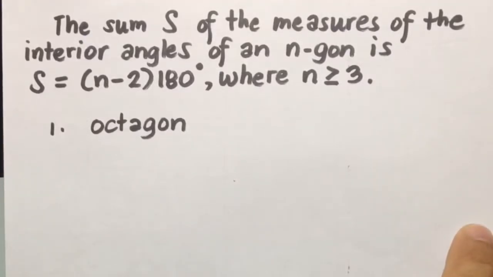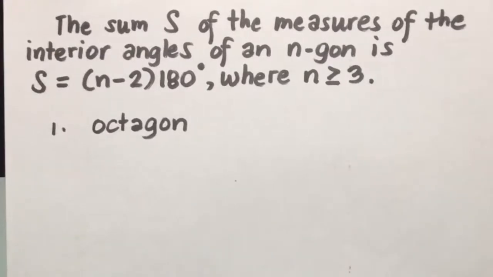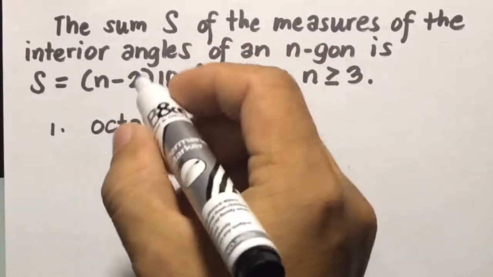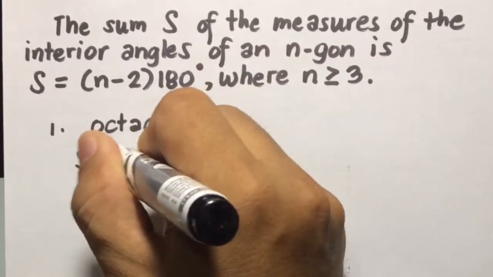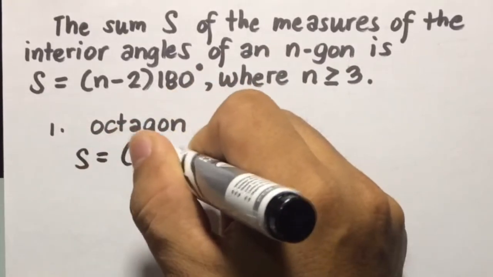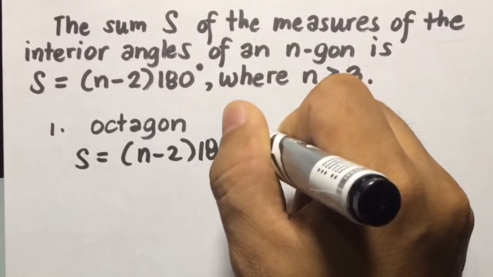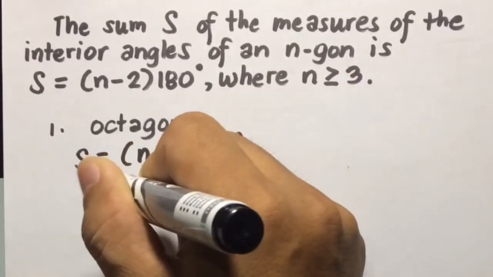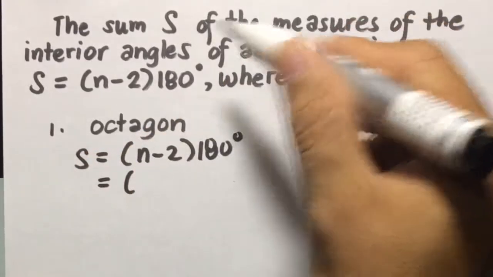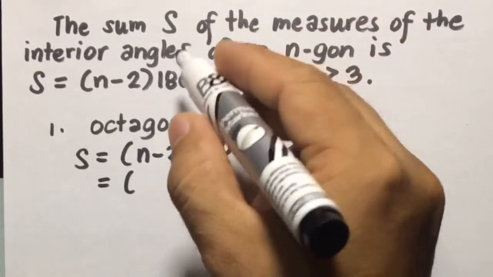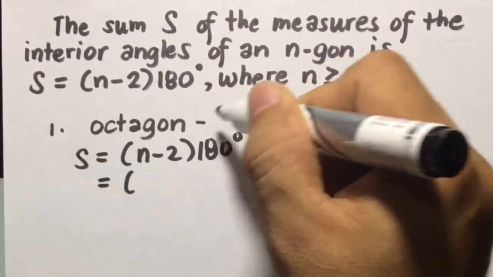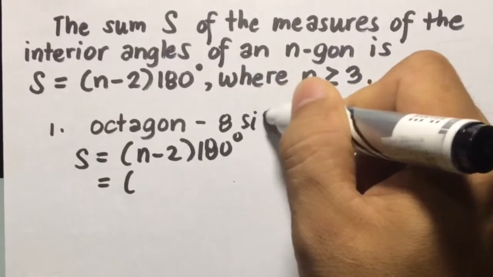For example, if we're going to find the sum of the measures of the interior angles of an octagon, using this formula, S equals the quantity of n minus 2 times 180 degrees. Then this will be equal to, n is the number of sides, so for an octagon we have 8 sides.